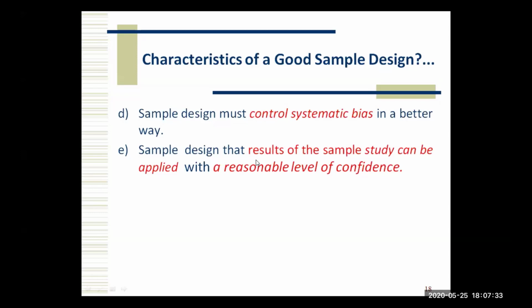A 5% level means you are almost confident that your sampling design will bring very correct results. From 100, 95%, the remaining 5% is error. And this sampling design must also commit to a reasonable level between 1 and 10%. That is also the case.